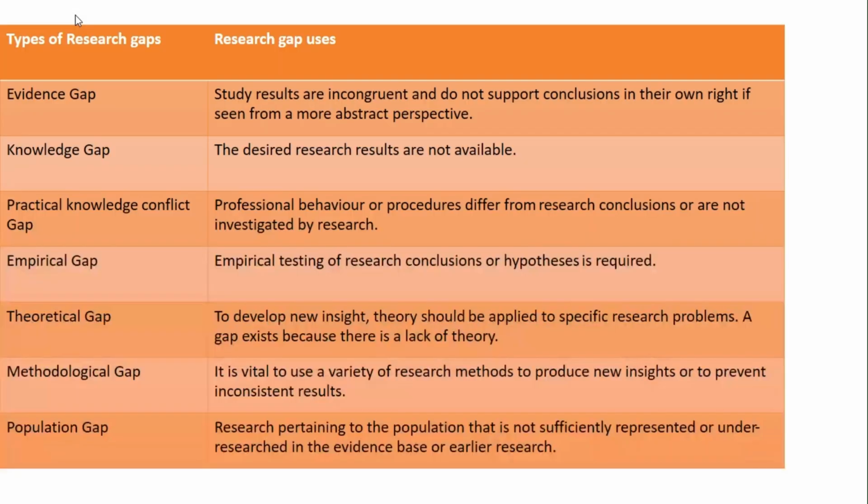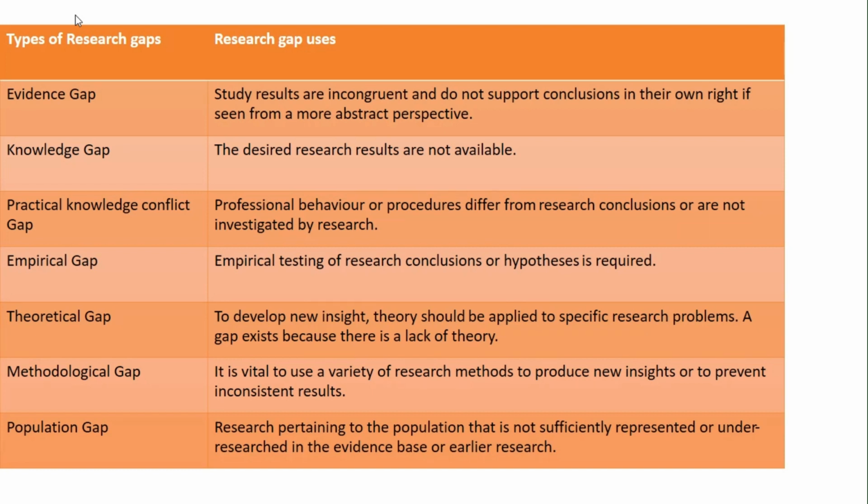Now, looking into the types of research gaps and their usefulness. Number one, the evidence gap is used when study results are incongruent. Incongruent is just to say not suitable, and do not support conclusions in their own right if seen from a more abstract perspective.